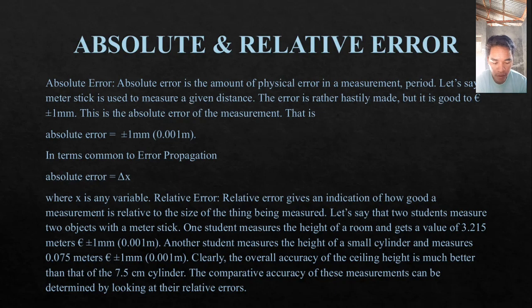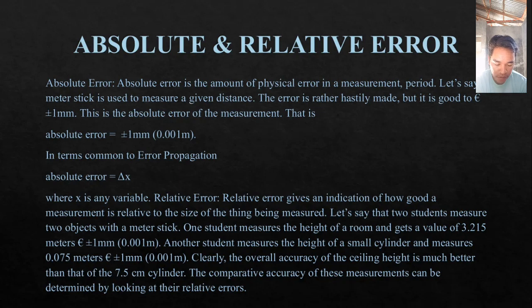Relative error gives an indication of how good a measurement is relative to the size of the thing being measured. Let's say that 2 students measured 2 objects with a meter stick. One student measured the height of a room and gets a value of 3.215 meters plus or minus 1 millimeter.